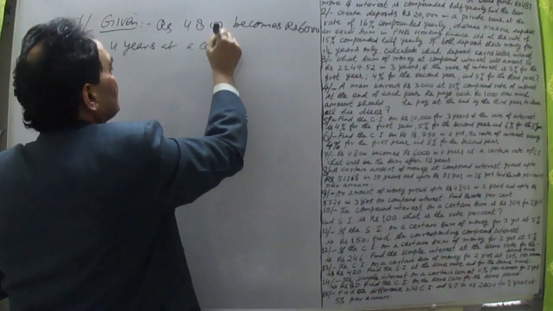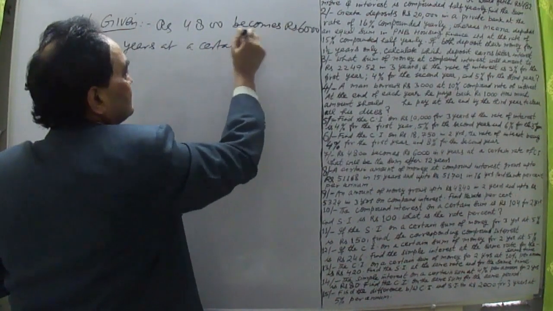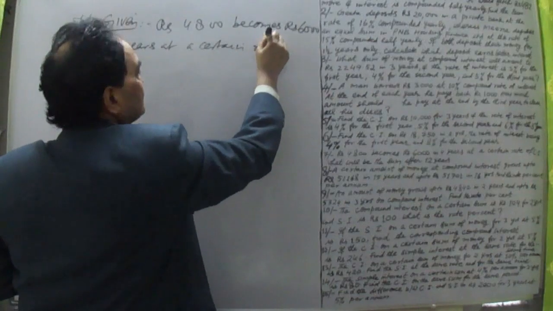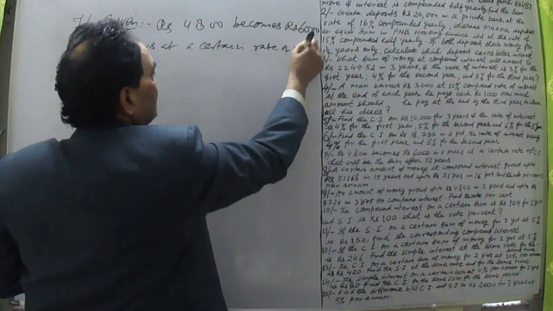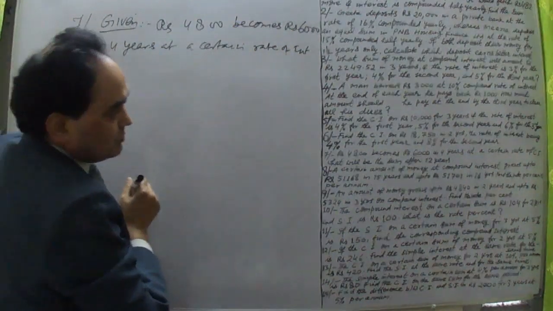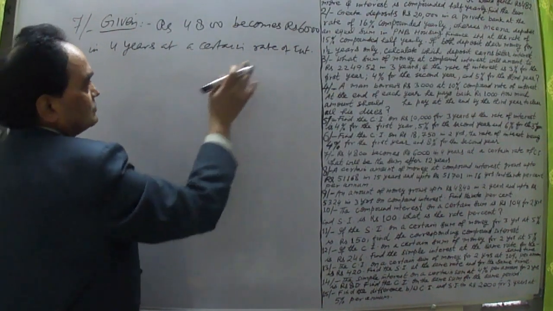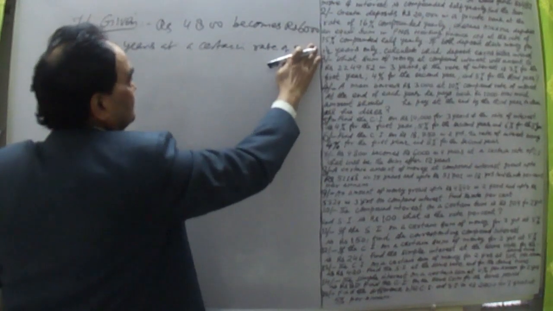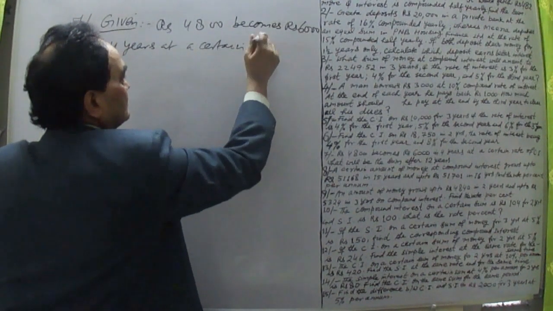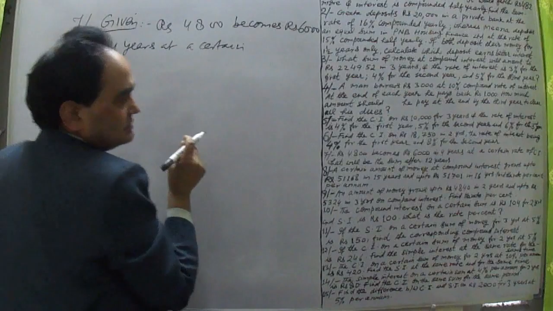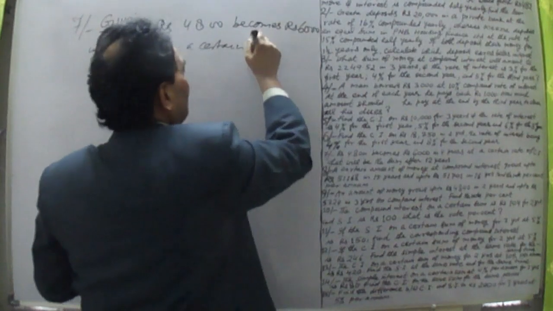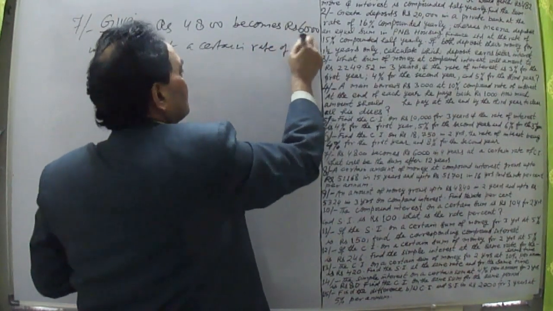No rate of interest is given, at a certain rate of compound interest, rate of CI.